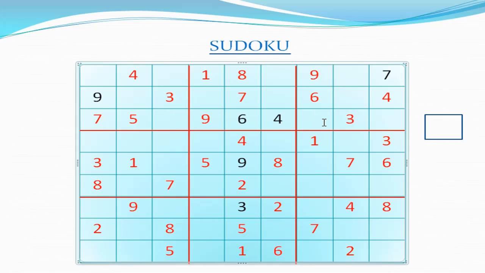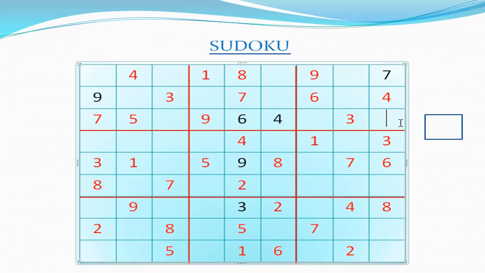Another option was this tile, right? Okay, this tile. So here, can I place 1? I cannot because there is 1 in this column. So I cannot. But I can place 1 here. I'll check the possibility.